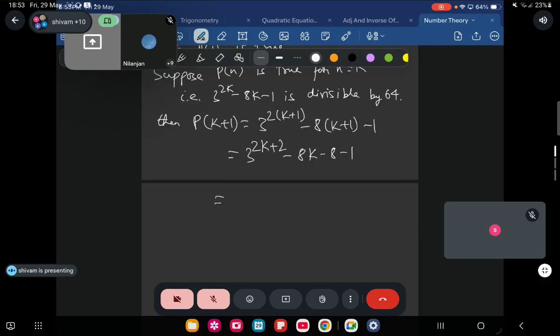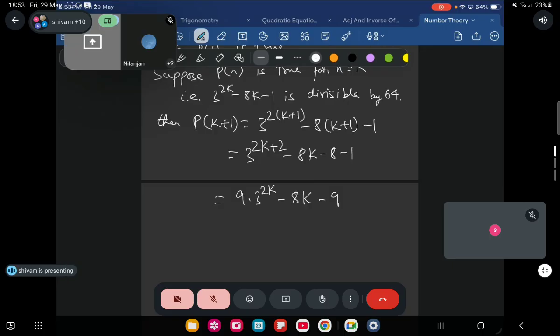Okay, further we can write it as 3 squared, that is 9 into 3 to the power 2k minus 8k minus 9.